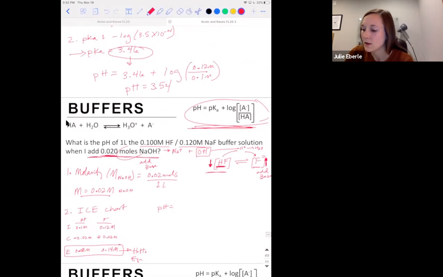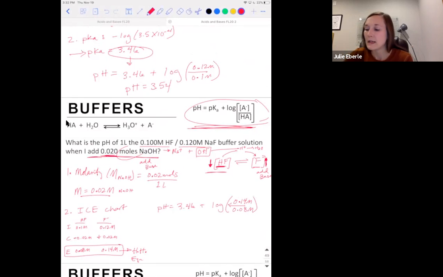There it is, 3.46 plus the log of the concentration of conjugate base, which is 0.14 molar. Remember, F minus, or sodium fluoride, is the conjugate base. And weak acid is now 0.08.